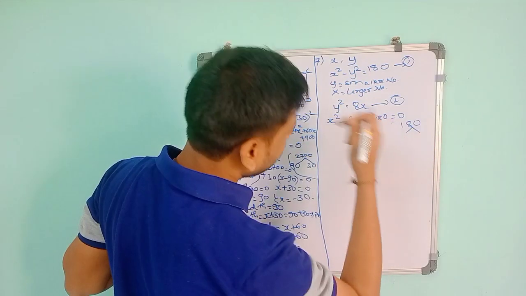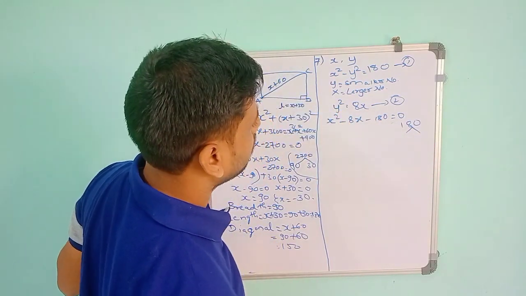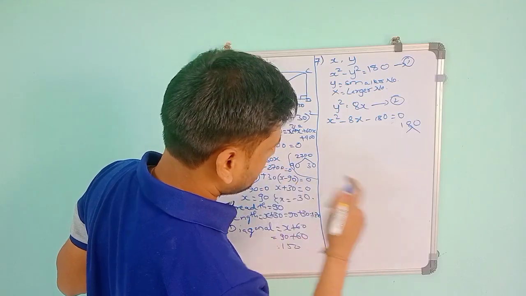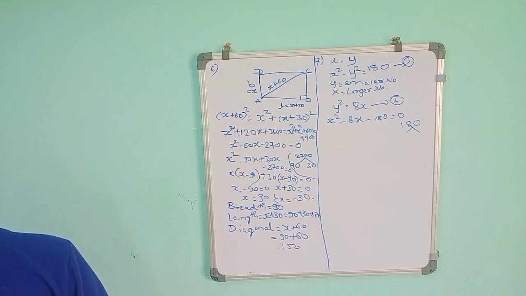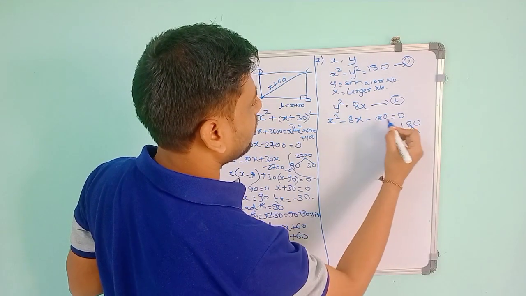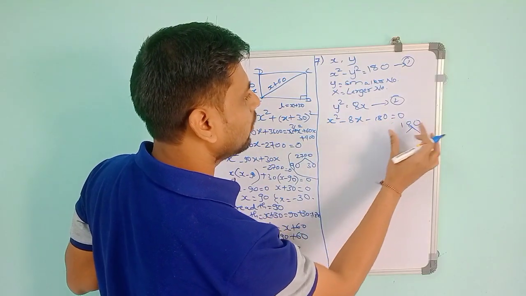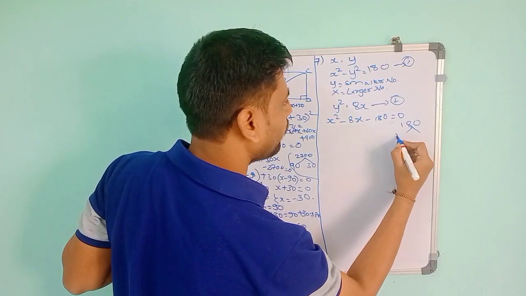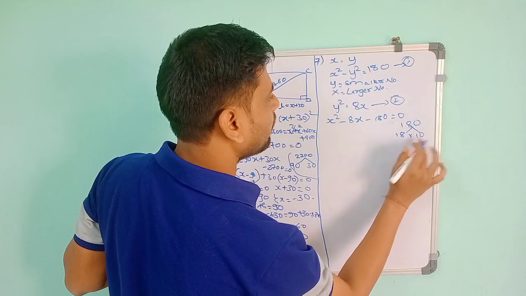Then if you split this one, 180 as 18 into 10: 18 into 10 is 180, and 18 minus 10 is 8.